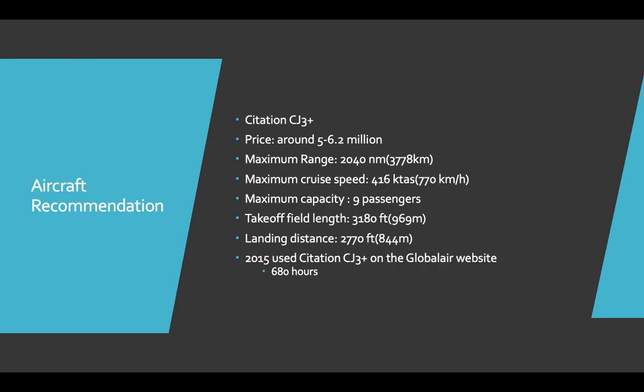For this kind of aircraft, the maximum range is 3,778 kilometers, and the maximum cruise speed is 770 kilometers per hour. The maximum capacity is 9 passengers, which is enough for the company.